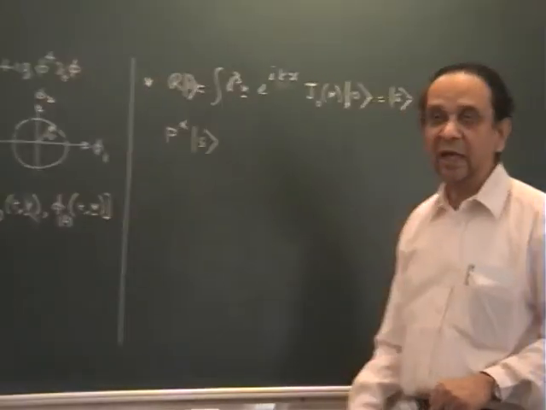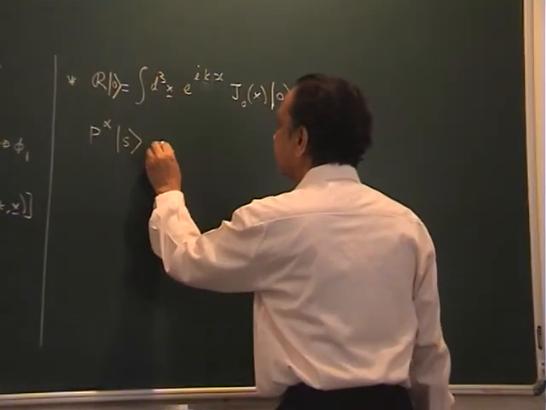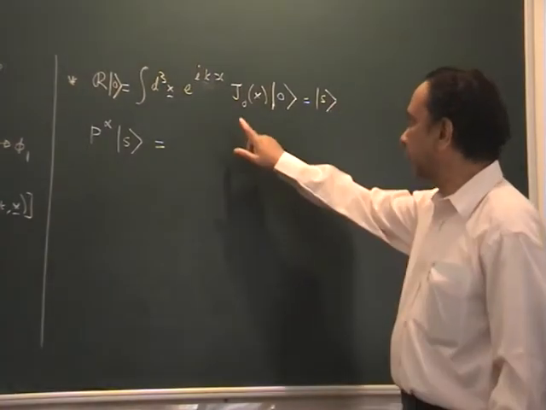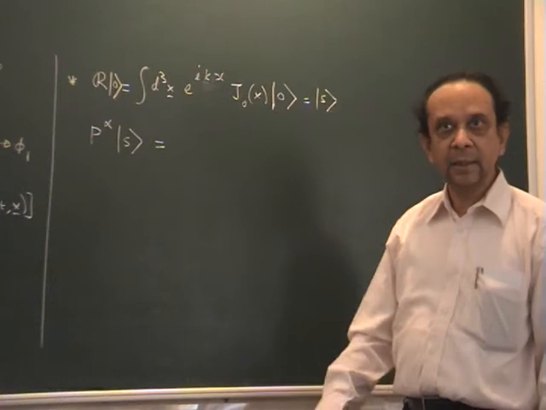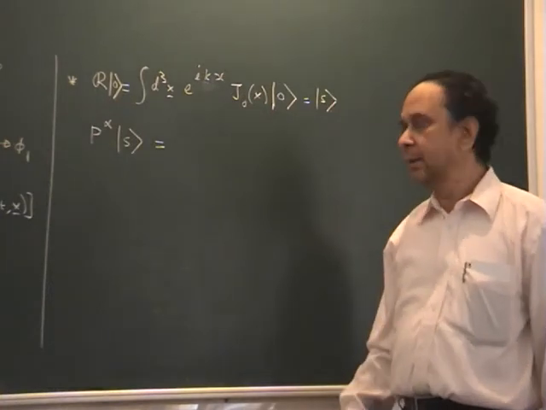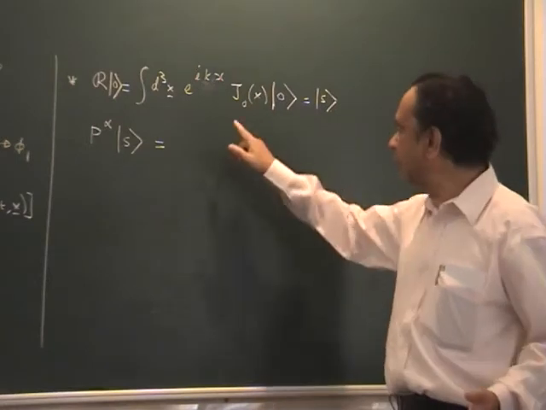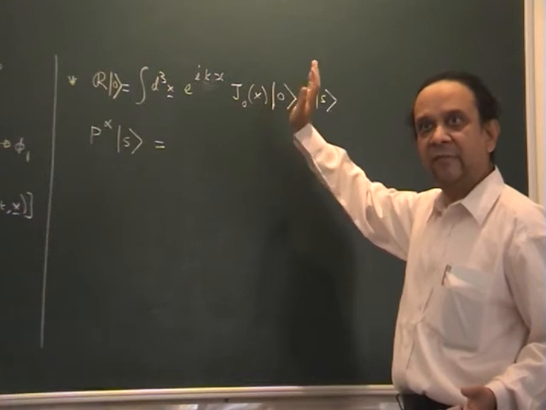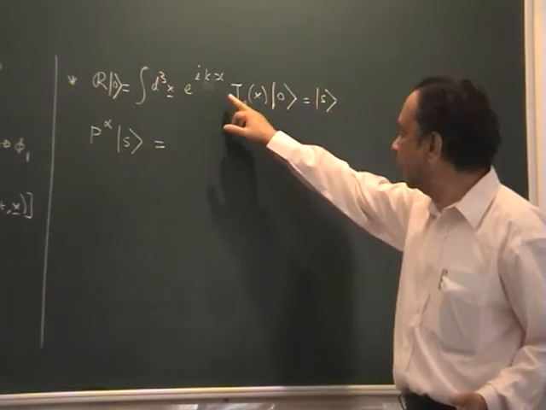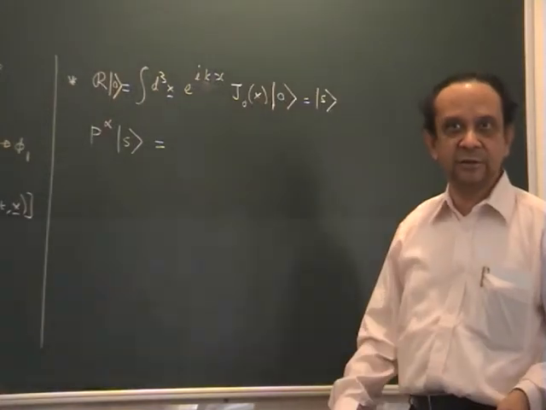So let us look at P alpha of S. I will have to put a P alpha here. Now I use the fact that the ground state has 0 momentum. Therefore, whether I put a P alpha here or a P alpha in front, the second term will vanish. Therefore, I can replace P alpha J0 by a commutator of P alpha and J0.